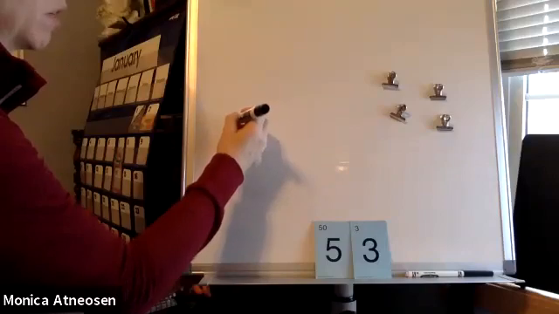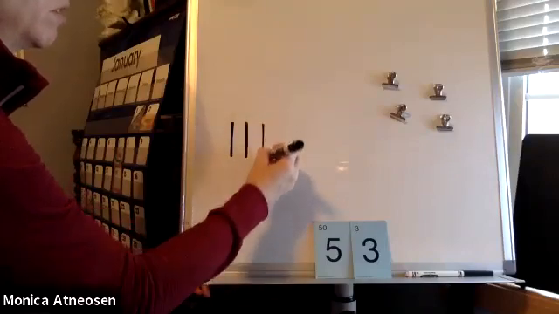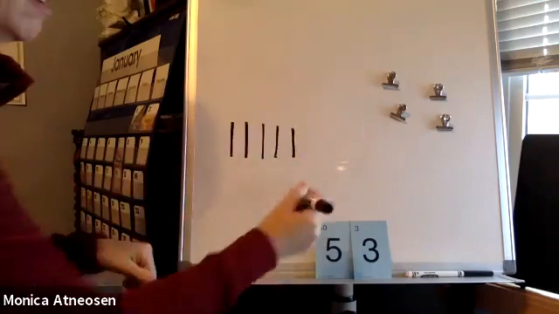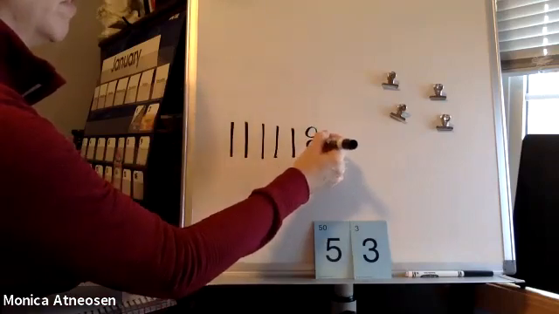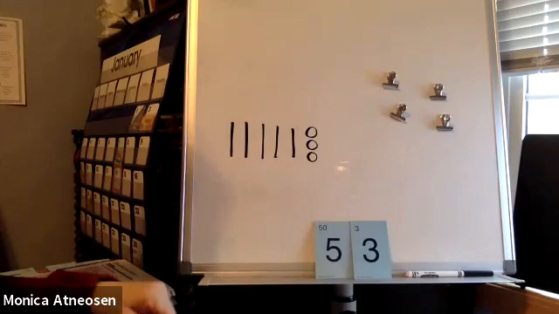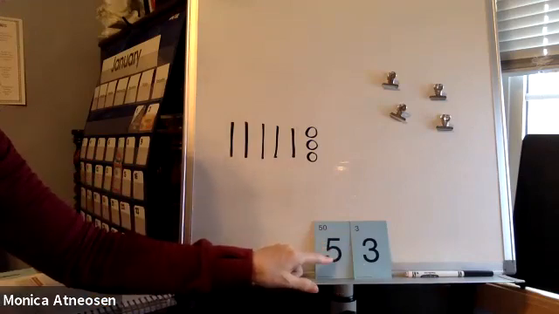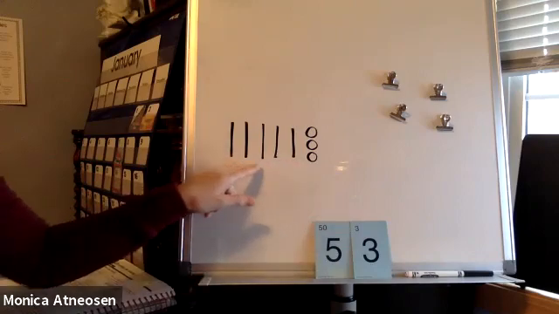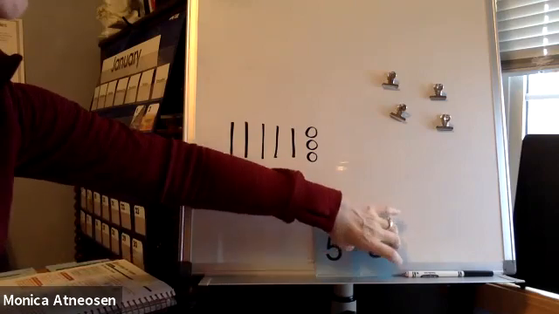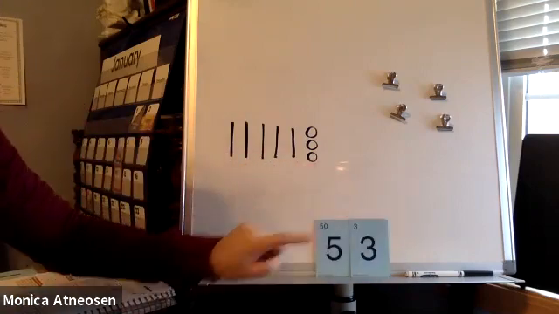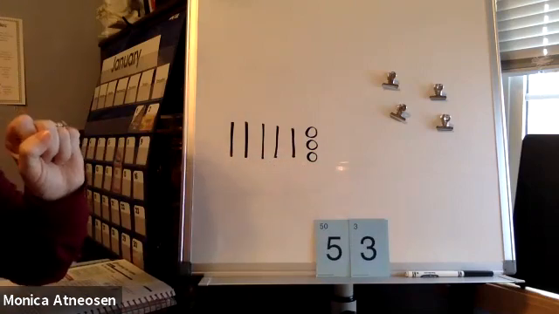I can go 10, 20, 30, 40, 50, freeze, 51, 52, 53. Or I can look right at that number and think to myself, 5 sticks of 10 makes 50, and then the 3 ones would make it 53.